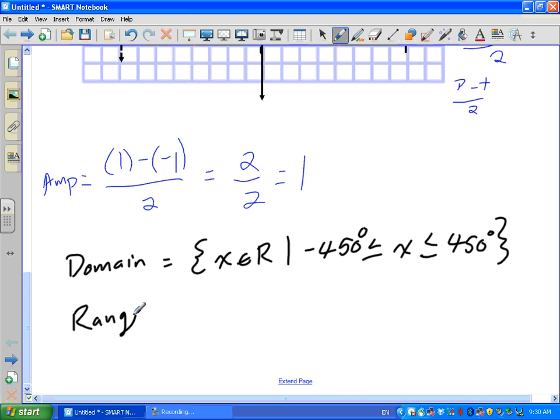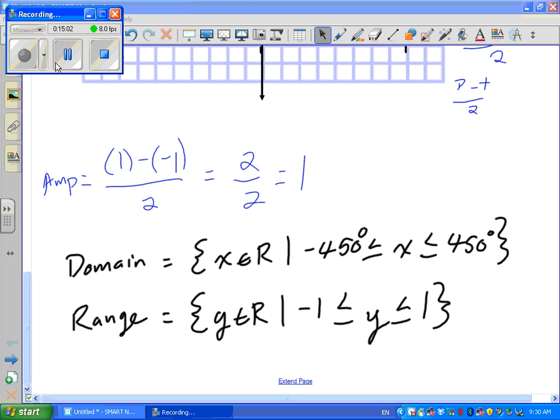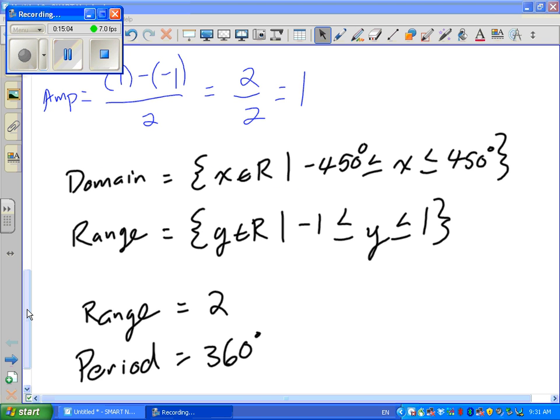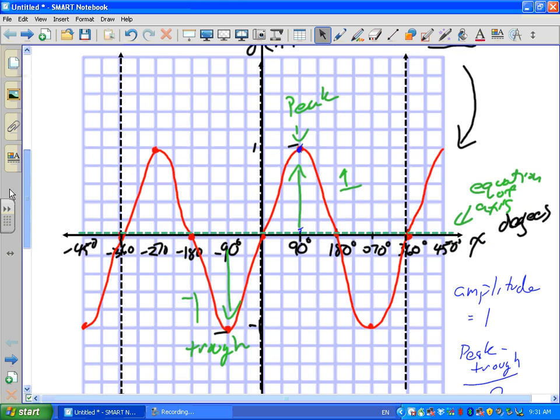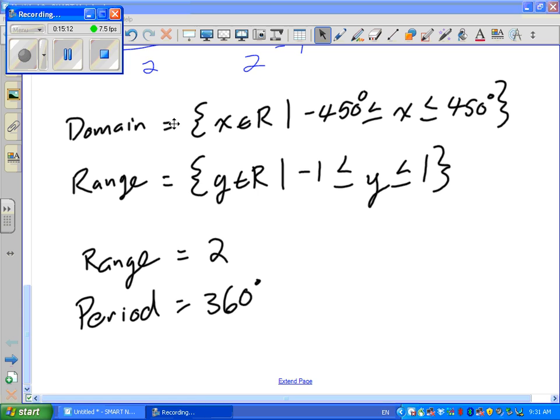And the range, y is every real number between positive and negative 1. So from looking at the graph, we figured out the range was 2. We went from 1 peak to 1 trough. And the period, so when it recycled, was after 360 degrees.